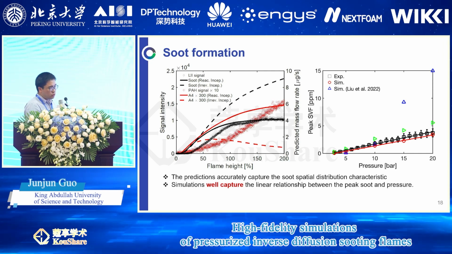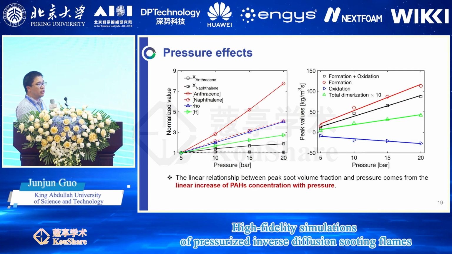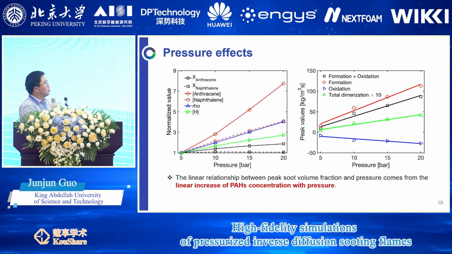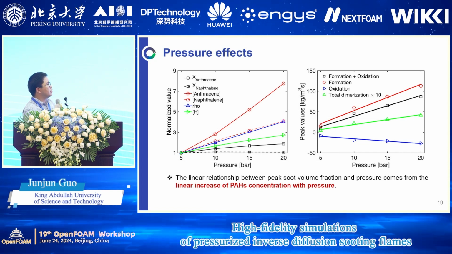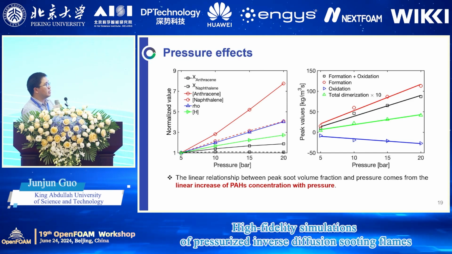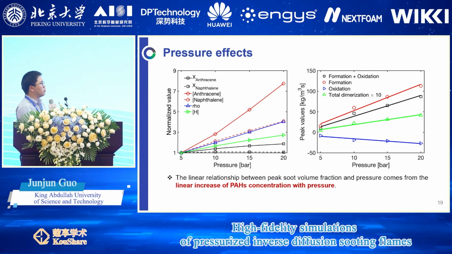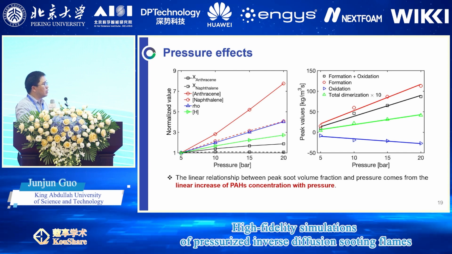And then next, we will try to find the reason why we got this linear relationship between the soot and the pressure. So we put some important parameters like the mole fraction of some PAH, this 3 aromatic ring and then 2 aromatic ring, and also the concentrations and the density at the same location, also the radical. They all present this linear relationship.